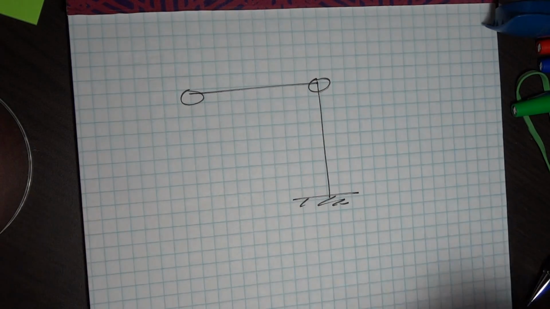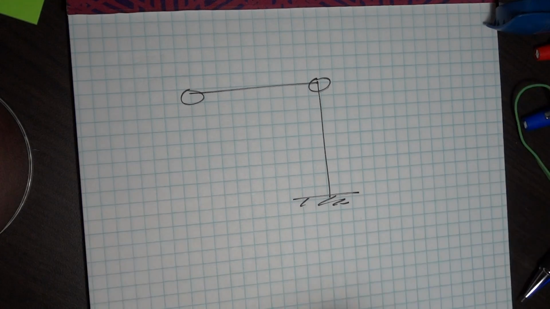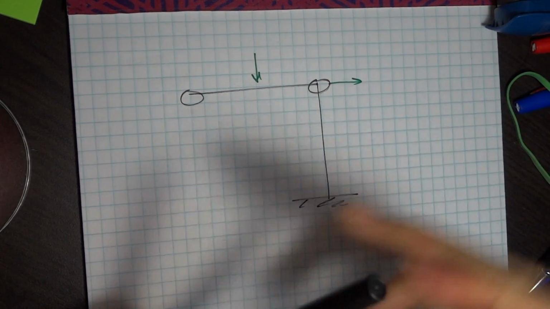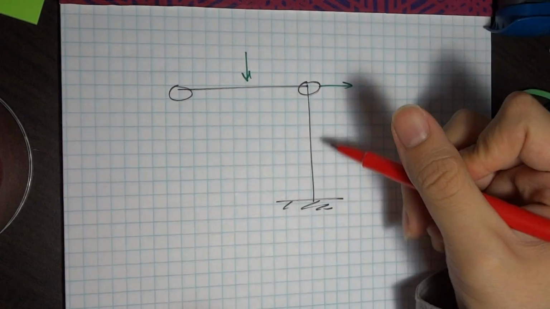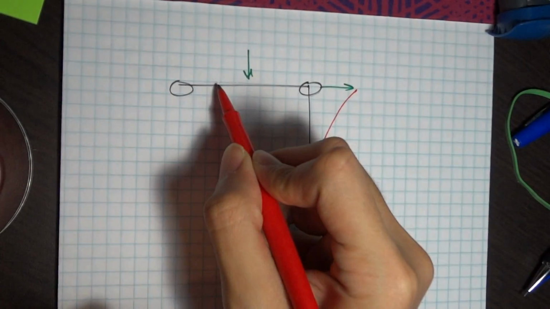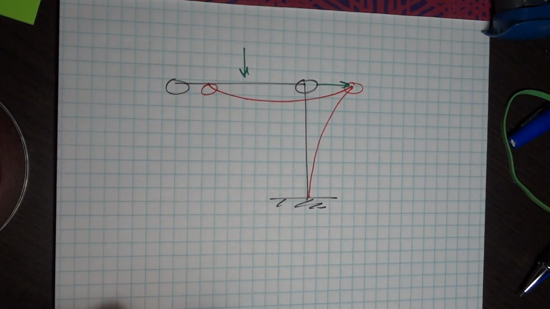Well, this is a hinge. My deflected shape, I have loads that are going down like this and like this. My deflected shape would look something like this.